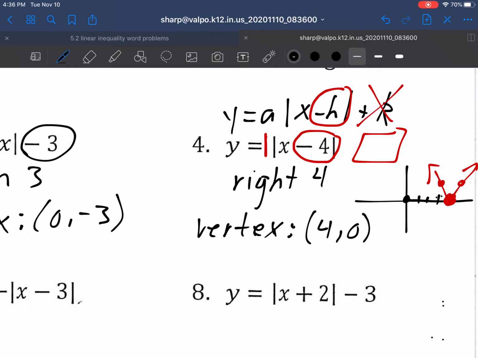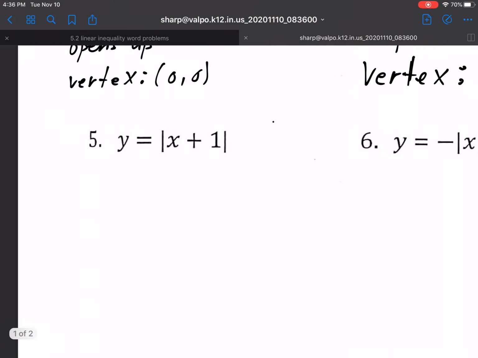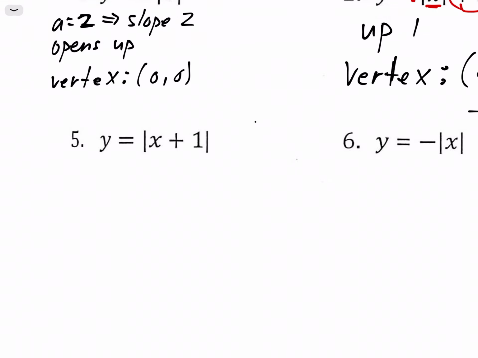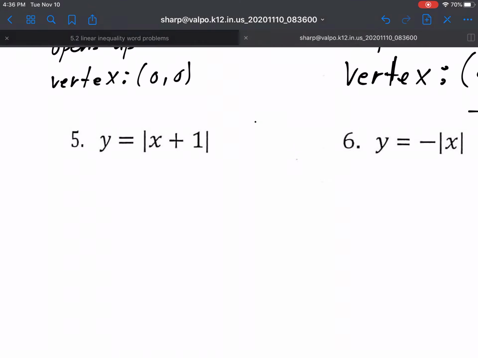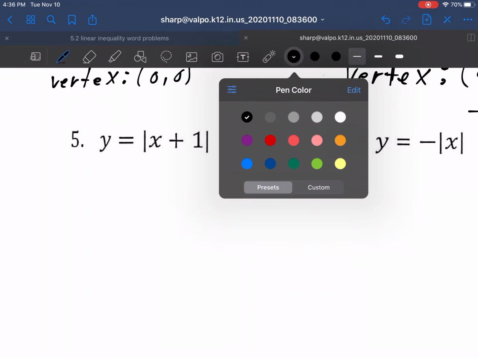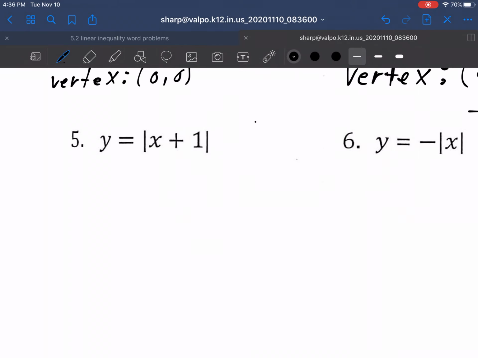Okay? Just look at a couple more on the front here. For this one, your graph would shift. Well, it's a k value, right? Because y equals, there's an a out front, x minus h, and then plus, or sorry, not k value. There is no k value. There'd be something here if there was a k value.